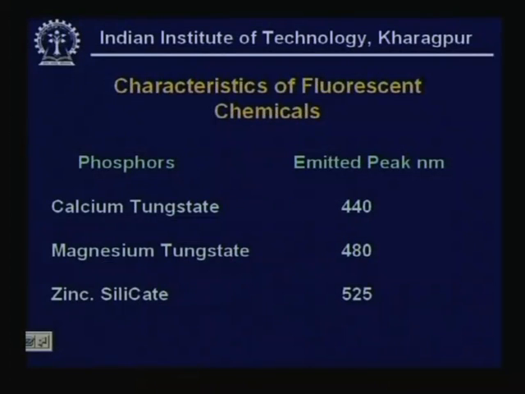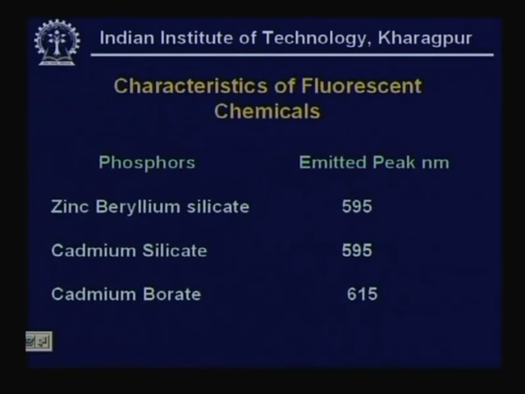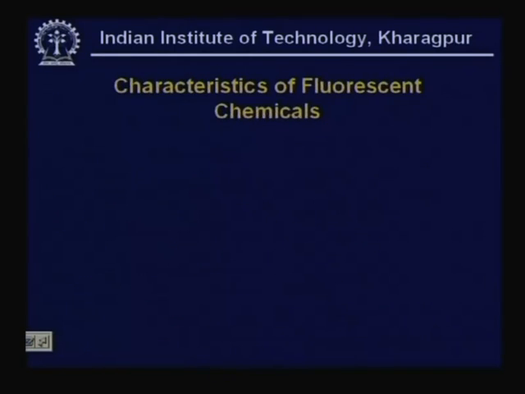Calcium tungstate has around 440, magnesium tungstate around 480, zinc silicate around 525, and you find zinc beryllium silicate at 595, cadmium silicate at 595, cadmium borate at 615. So what do we see?